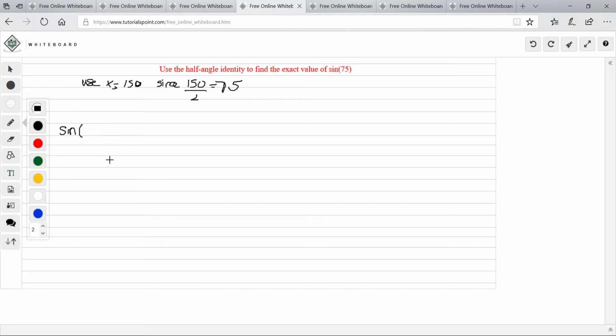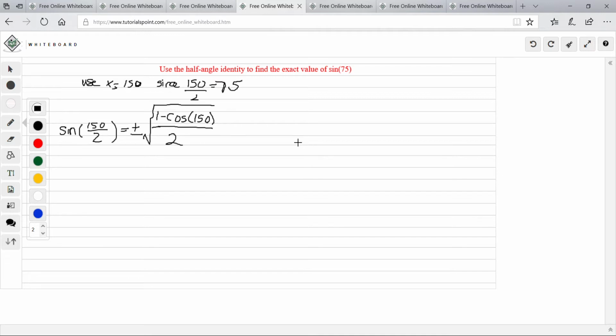Just make sure you don't get confused, it's 150 over 2 because that's one part of the formula. It's x over 2 equals plus or minus the square root of 1 minus cosine of 150, over 2.